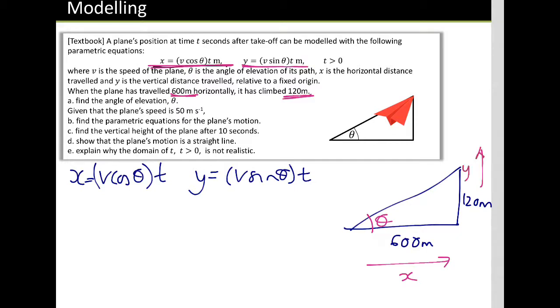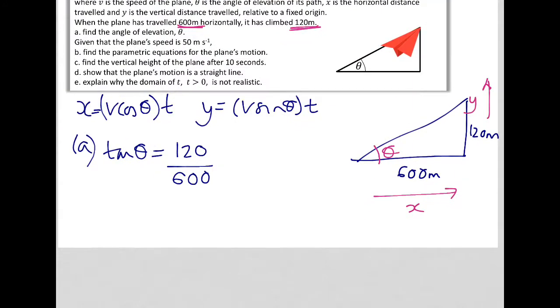So actually I've now just worked out how to find theta, because I can just go that tan theta equals the opposite over the adjacent, and therefore if I do tan to the minus 1 of that, I would get the answer of 11.3 degrees to 1 dp.